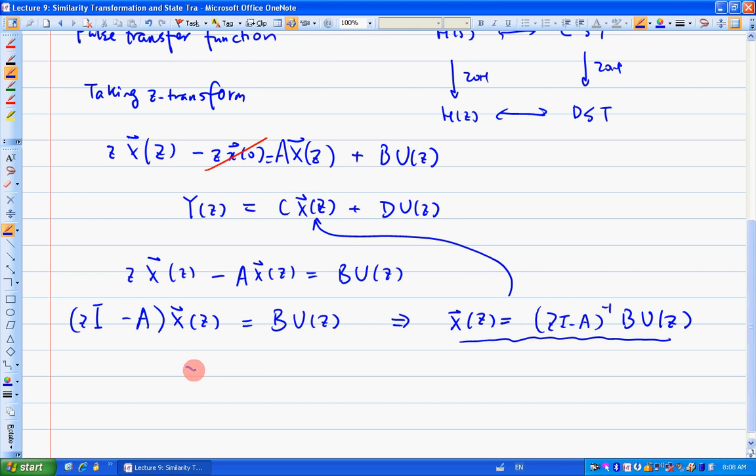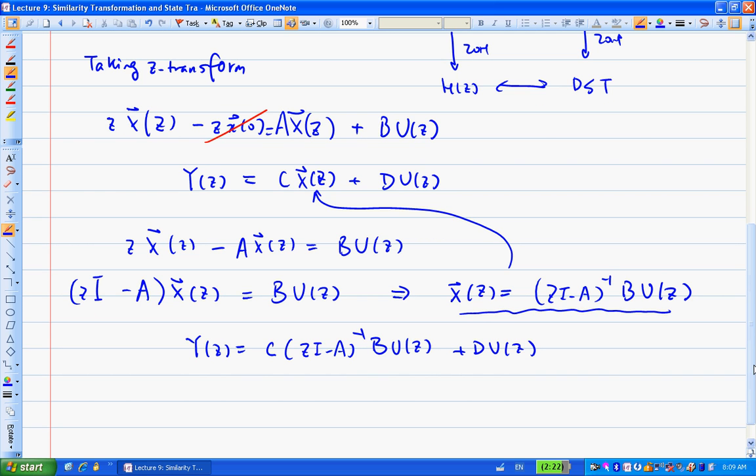Then we get Y of z equal to C (zI minus A) inverse B and U of z plus D U of z.